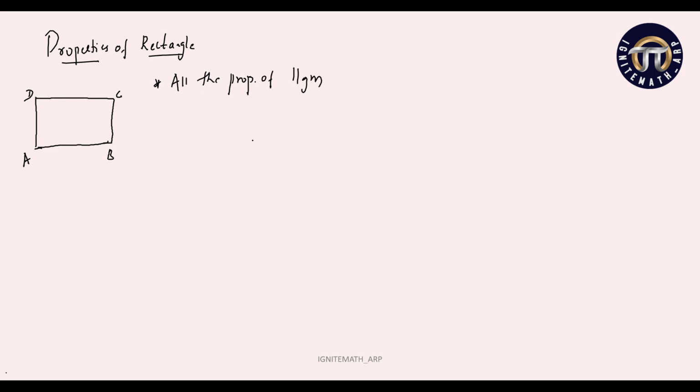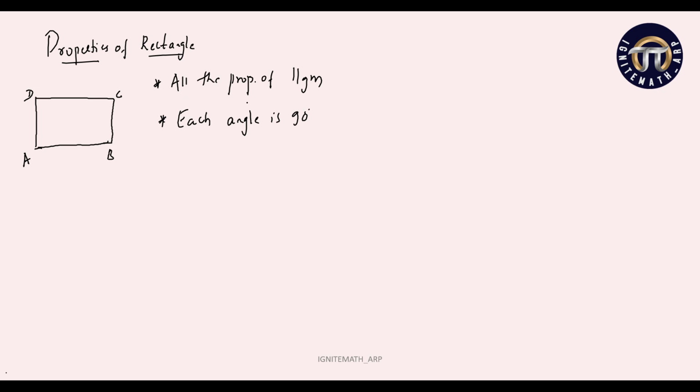But other than these general properties of a parallelogram, a rectangle has special properties also. What are the special properties? Each angle is 90 degrees.